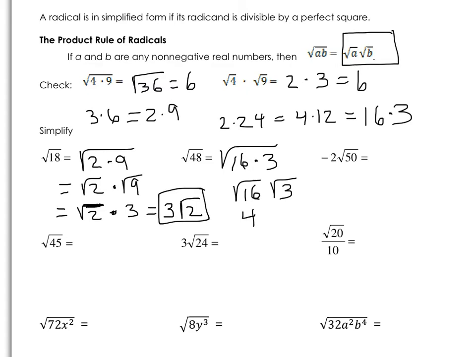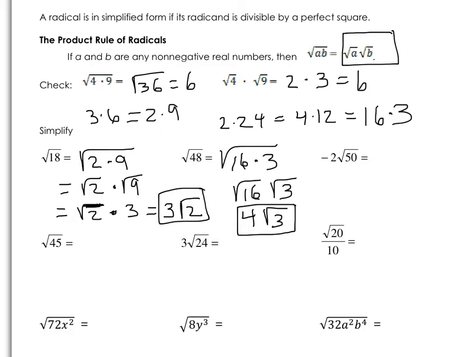The square root of 16 is 4, and that leaves me with 3 under the radical. So the final answer is 4 radical 3. You can prove using your calculator that the square root of 48 is the same thing as 4 radical 3. First, take the square root of 48. You get 6.9282.